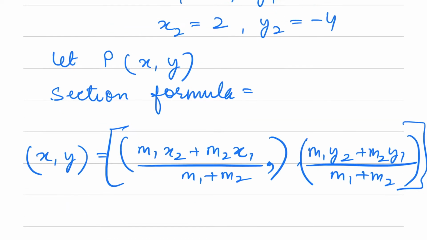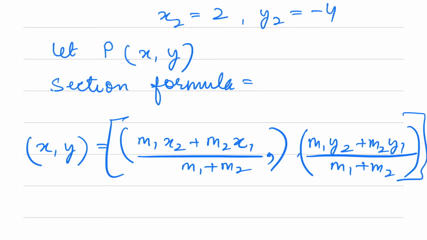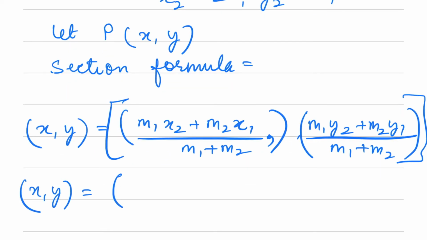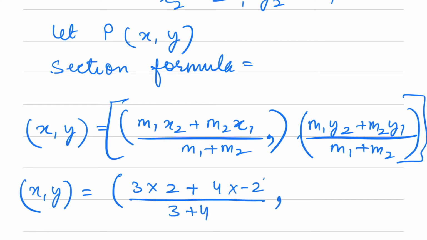Okay, now let's substitute the values here. So X and Y will be equal to 3 into 2 plus 4 into -2 divided by 3 plus 4. Then here we have 3 into minus 4 plus 4 into minus 2 divided by 3 plus 4.